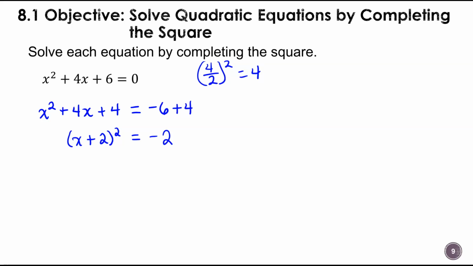Now we apply the square root property, which makes this x plus 2 equals plus or minus the square root of -2. And then we have some simplifying. We've got to solve for x, so we're subtracting 2. And then we also are going to simplify the radical, which is -1 times 2, so this is going to be i radical 2. And then we have found our solution.